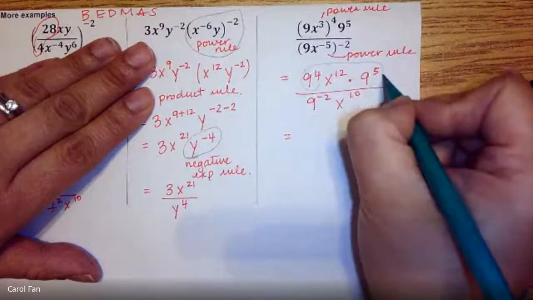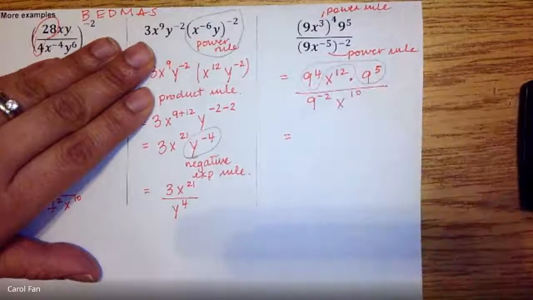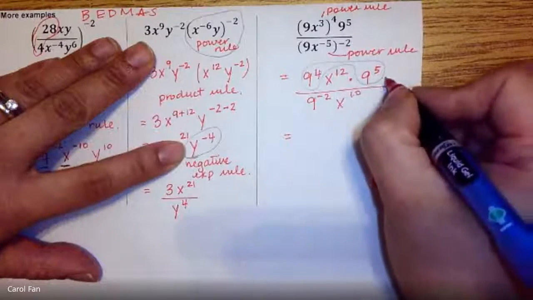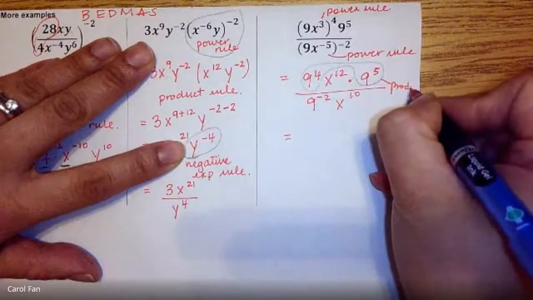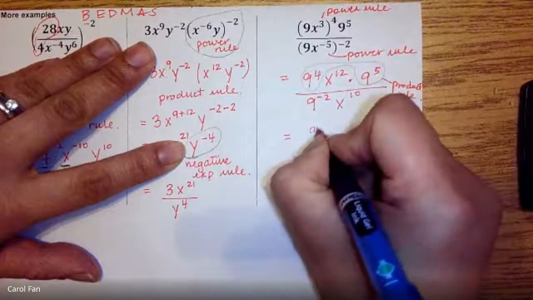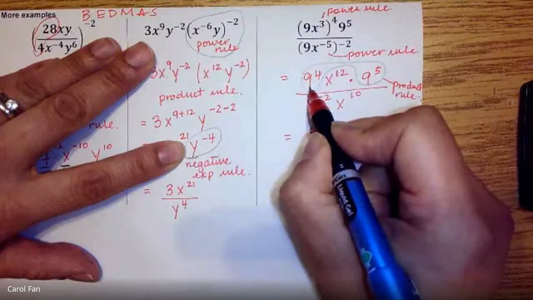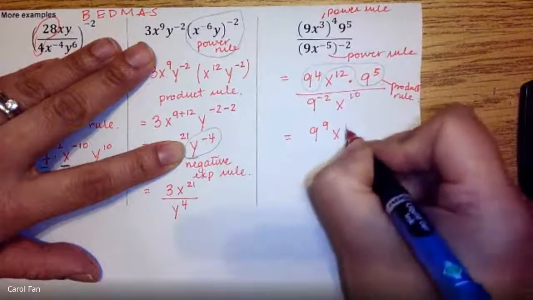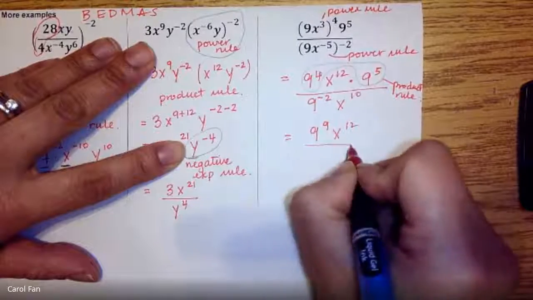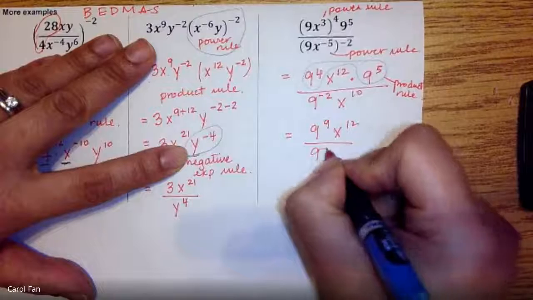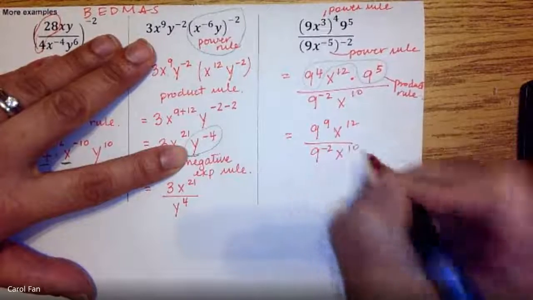The next step, I have these two powers that have the same base. I'm going to use our product rule to simplify it. So I have 9 as the base, and then 4 plus 5. And I rewrite x to the power of 12, all divided by 9 to the negative 2, x to the power of 10.